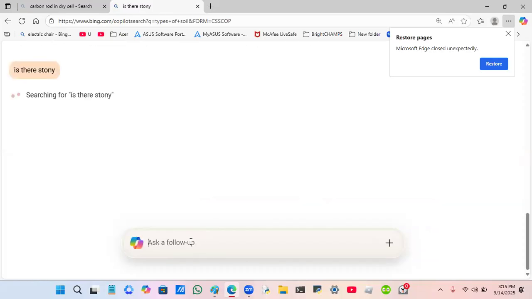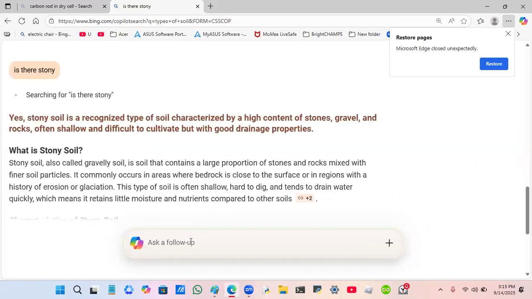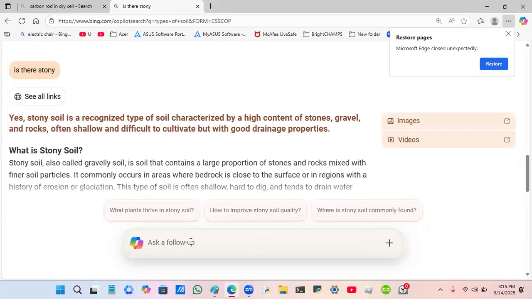Whenever they teach you about soil, you're still asking. You see why it's confusing? So this is AI trying to tell you that stony soil. So it looks like there is no conclusive answer to that question. But let's continue.